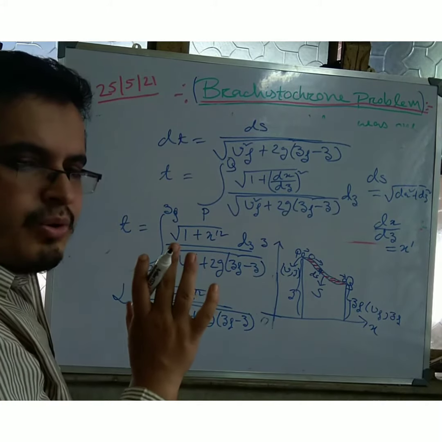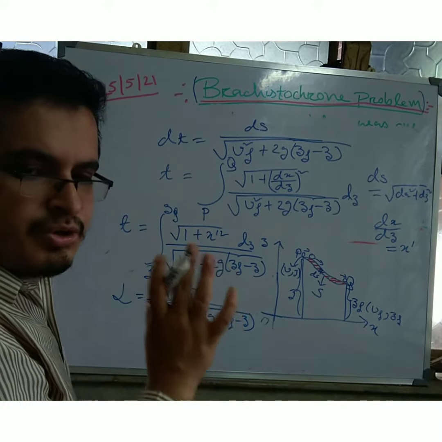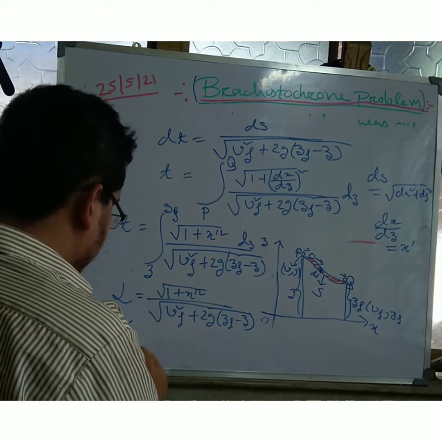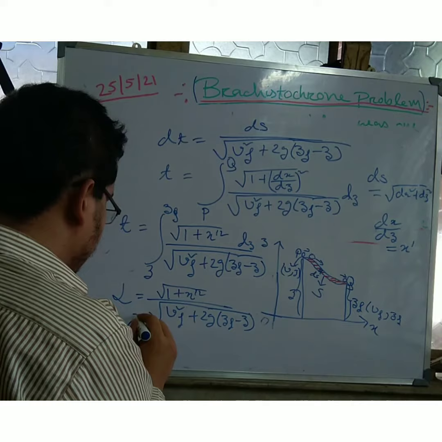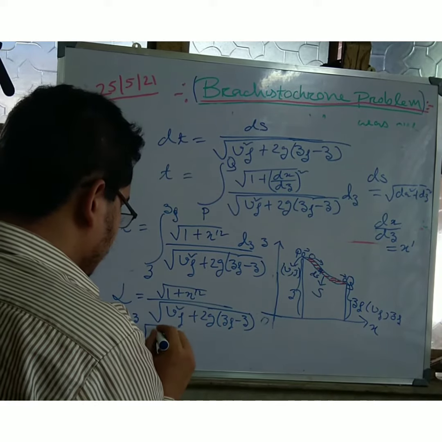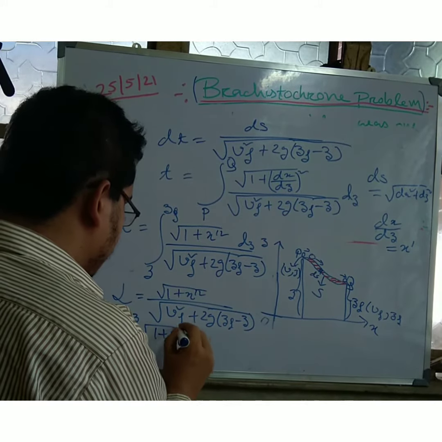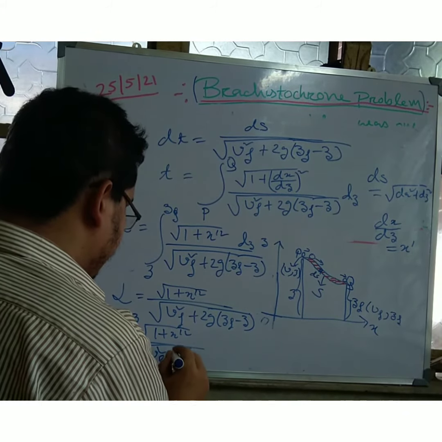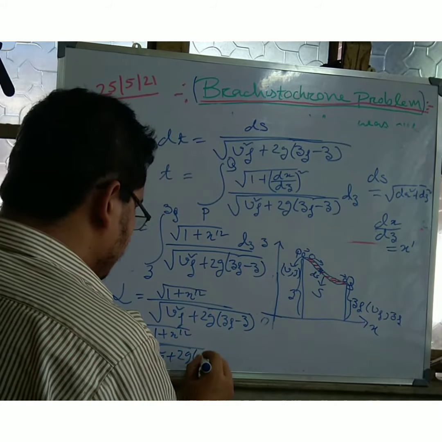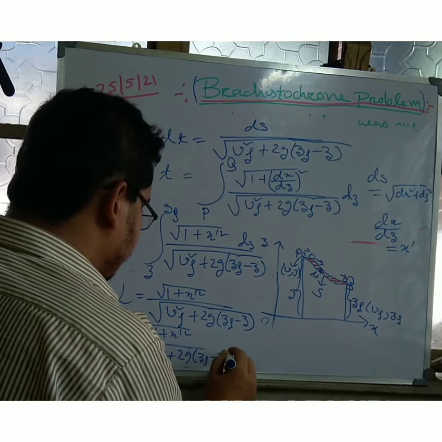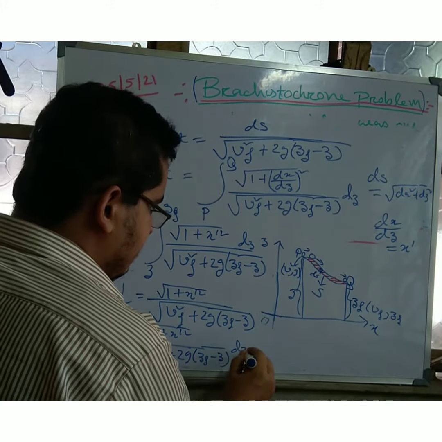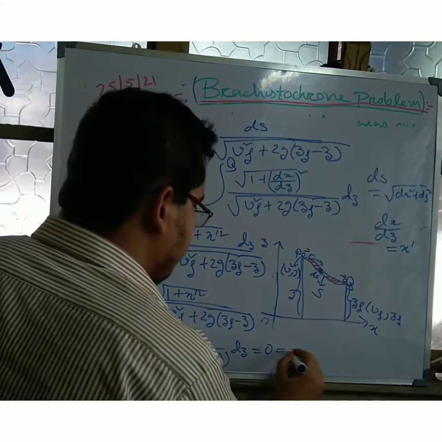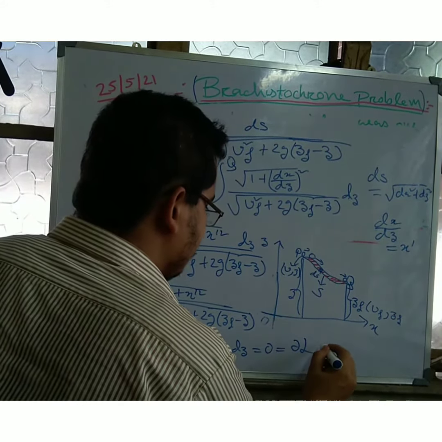Now, according to Lagrange's theorem, del of the integral from z0 to z1 of root over 1 plus x dash whole square into root over v square f plus 2g into zf minus j, dj, equals 0. This is del L, means del L is equal to 0.